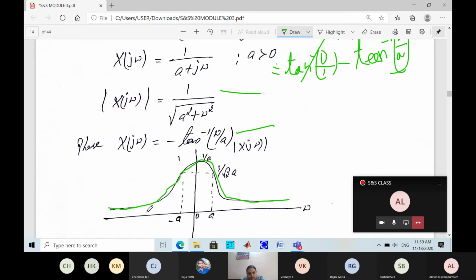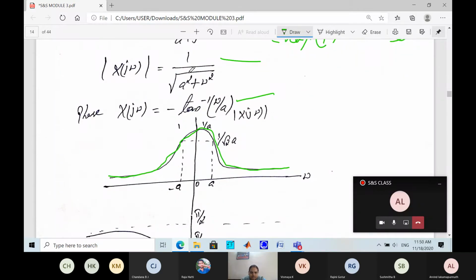We don't know what value it will be at anything other than a. The value we are preferring here is a greater than 0, positive values of a. But we don't know what values we will get for the negatives or the positives. For that reason, up to this function we will be getting the values like this. After that, we don't know what happens, so just give the infinity range and stop here only. There is no need to extend how it will come. Okay, this is about the magnitude part.